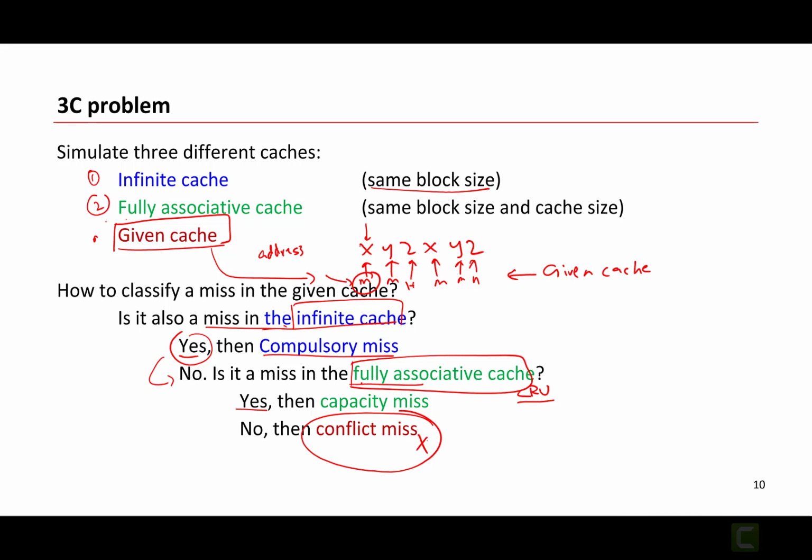The second one is a fully associative cache, also with the same block size, but now you're going to have a limit on the size as well. You go and simulate those two caches, figure out what the hits and misses are, take all that information and go through this algorithm that we just went through, and then you'll be able to classify the sequence of misses that you observed for the given cache into one of these three types.